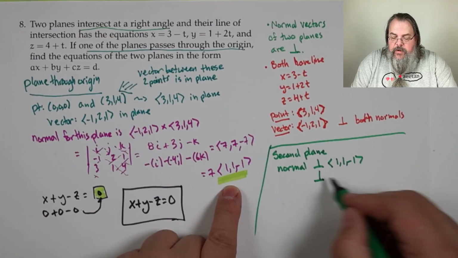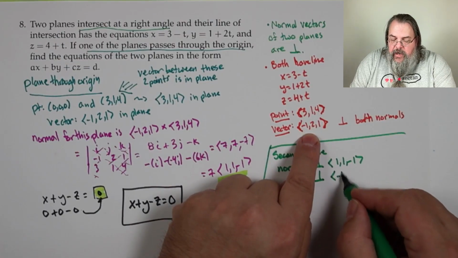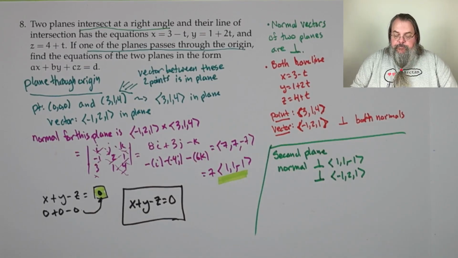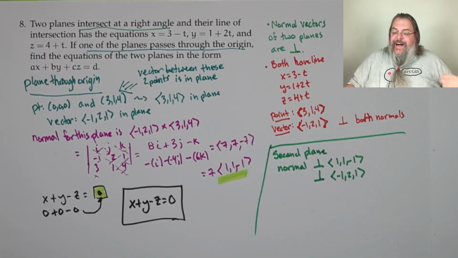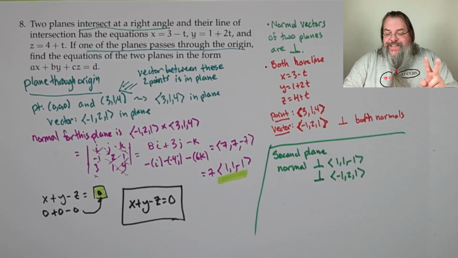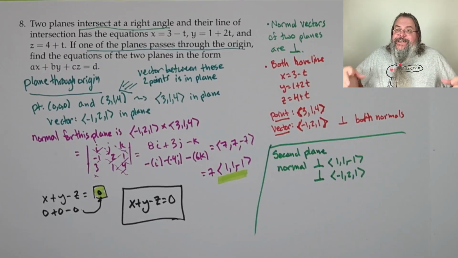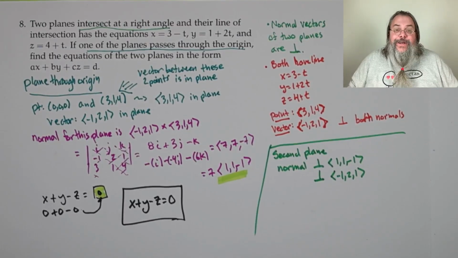And it's also perpendicular to the direction vector (-1, 2, 1) of the line, because the line is in the plane. So I say, aha! I have now found two things that are perpendicular to my normal. This is a great thing. Because what can we do at this point?